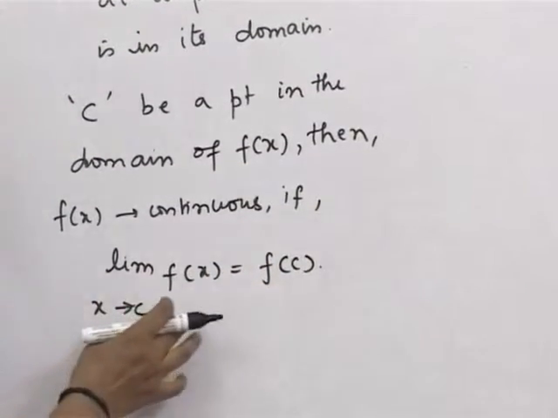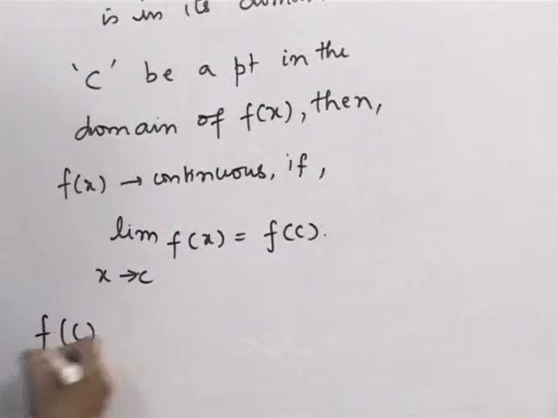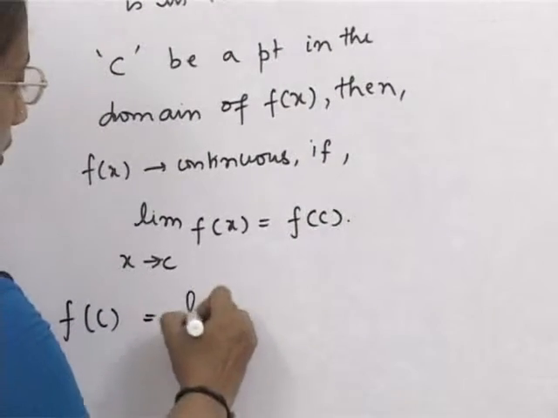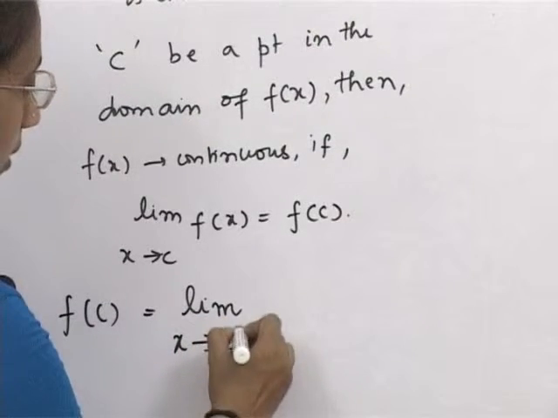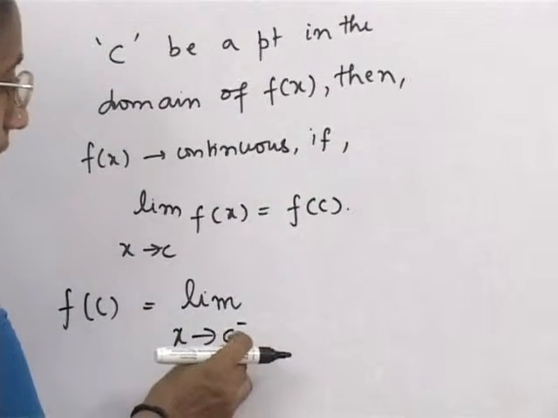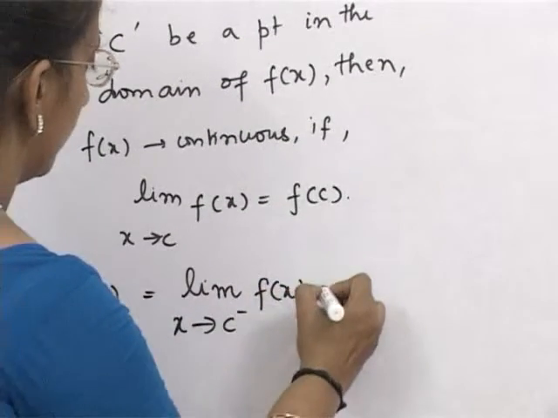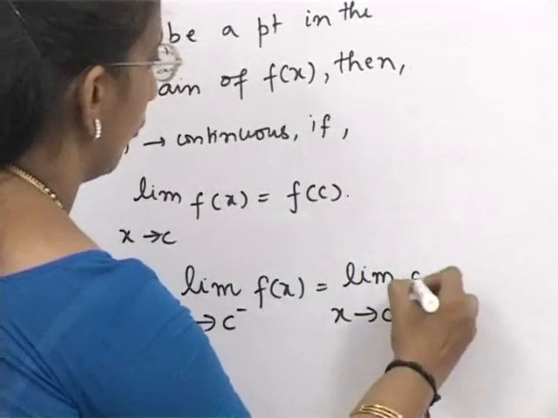Now it necessarily means that the value of the function at the point C, that is f of c, should be equal to the left hand limit, which is limit as x tends to c minus, which is a point very slightly less than c, of f of x, is equal to limit as x tends to c plus f of x.